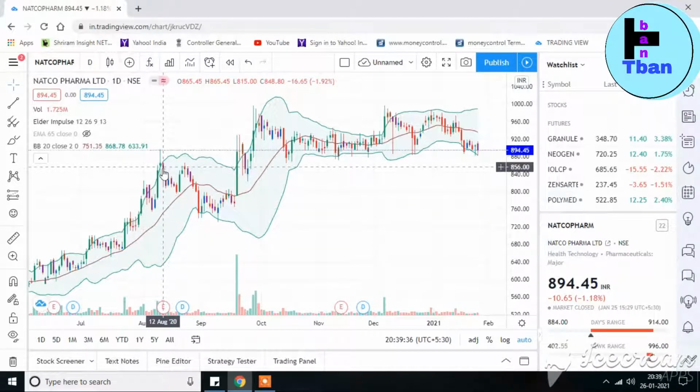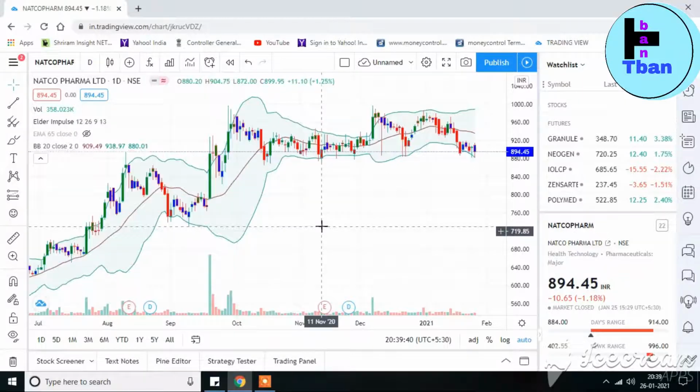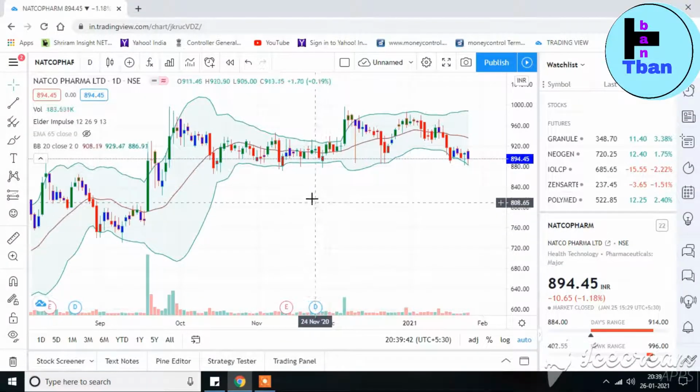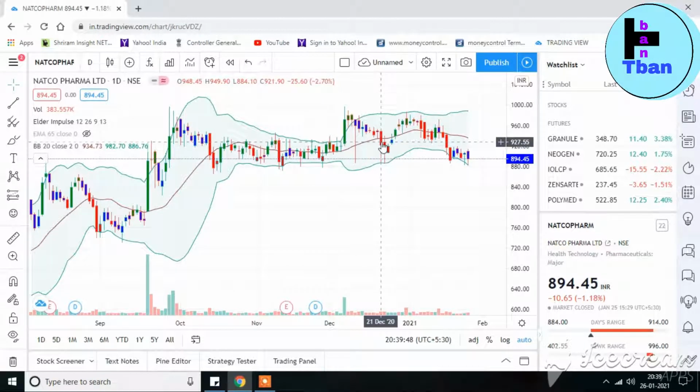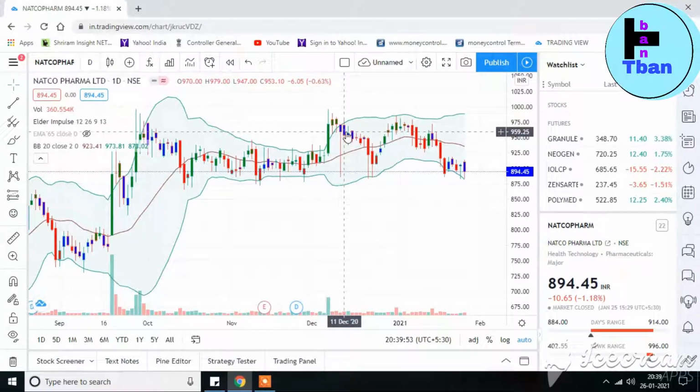The strategy is very easy. First of all, before I explain this strategy, here you can see three colors of candles. One is green, another is red, and another is blue.